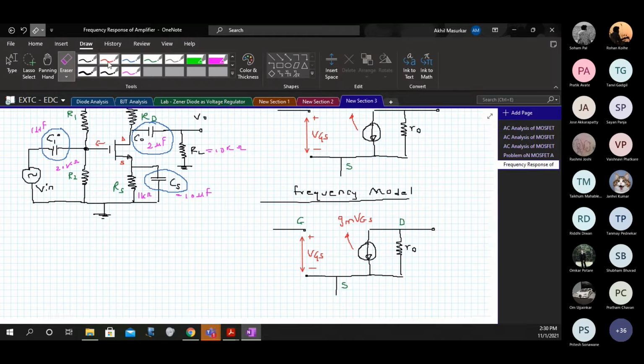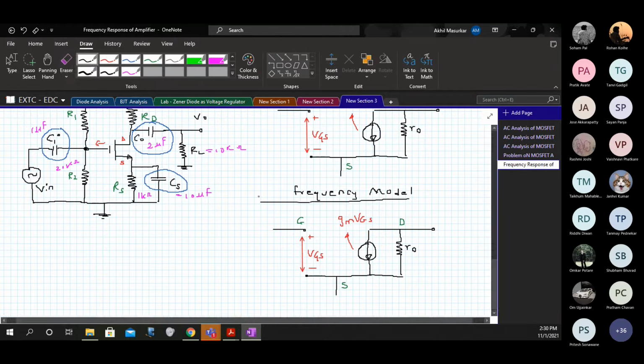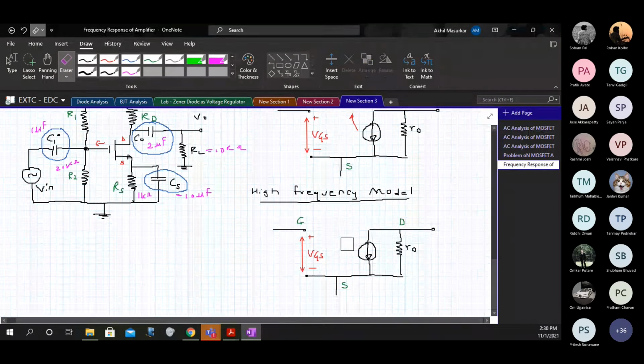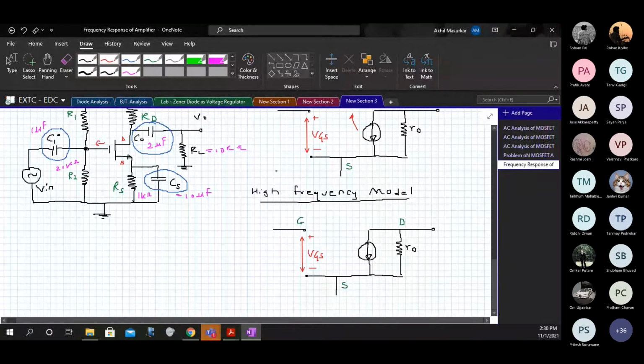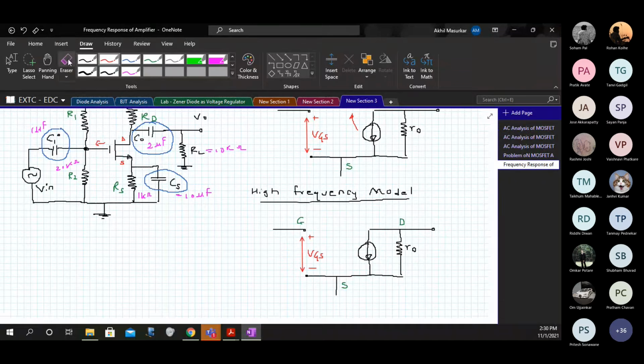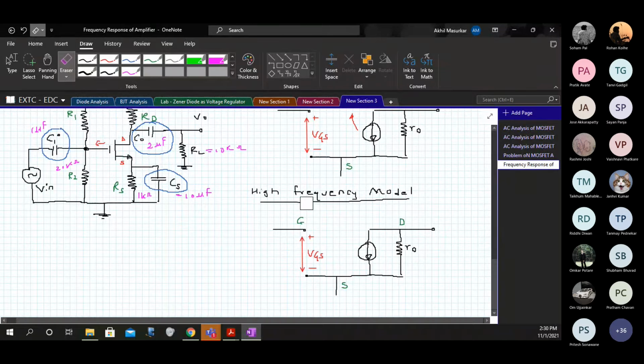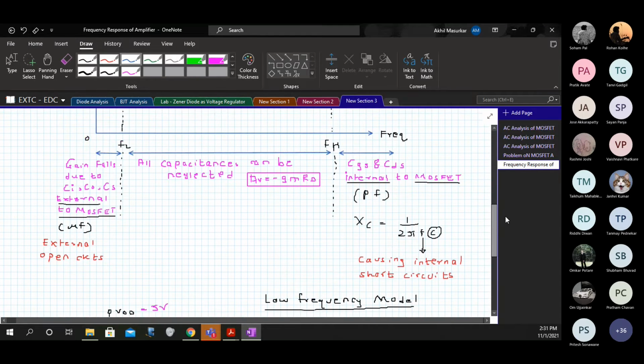So from low frequency to high frequency, what we have to do is we will be adding, this is GMVGS. Now which capacitances are there?